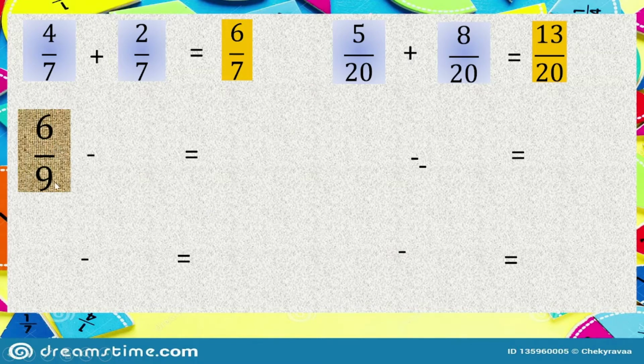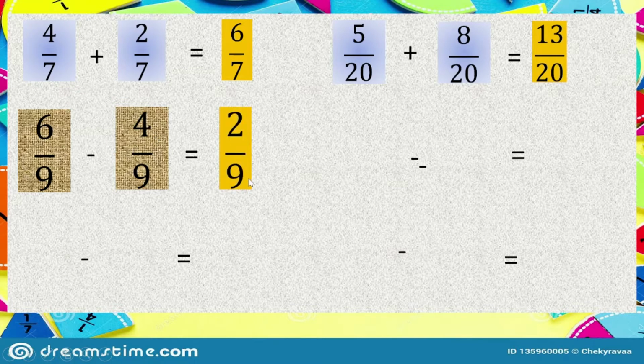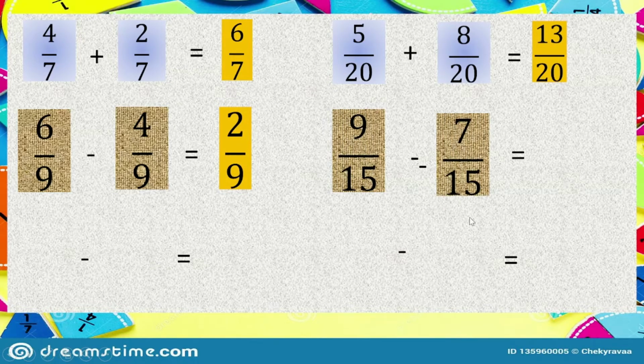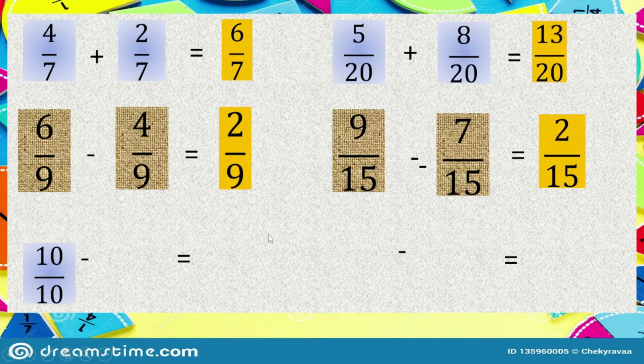So 6 over 9 minus 4 over 9. Ayan. Rather, 6 minus 4 is 2, and copy the denominator, which is 9. So we have 2 over 9. Next, 9 over 15 minus 7 over 15. Minus natin yung numerator. 9 minus 7 is 2. Copy the denominator, which is 15.